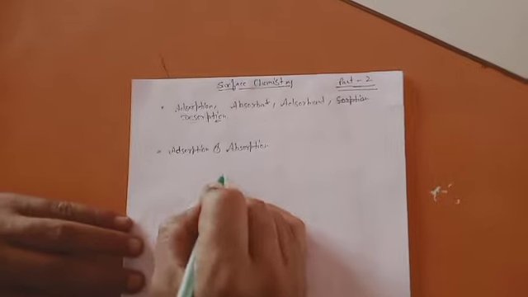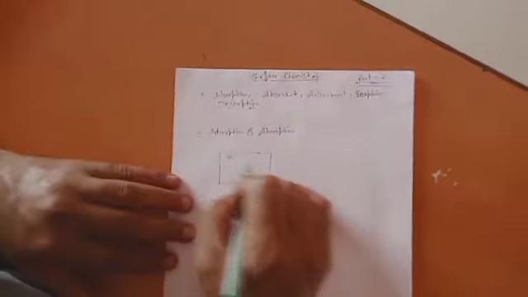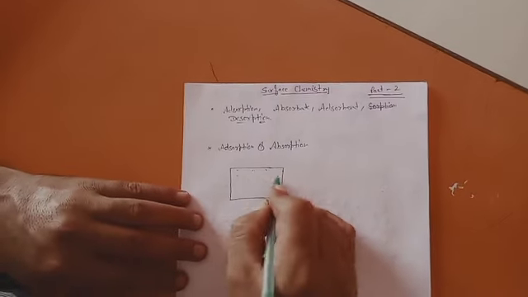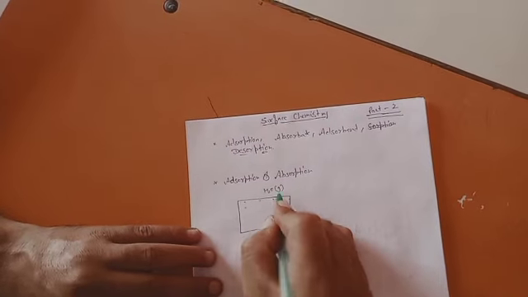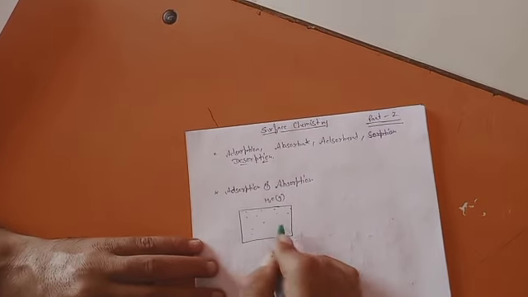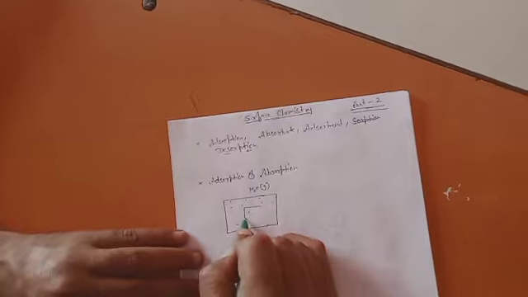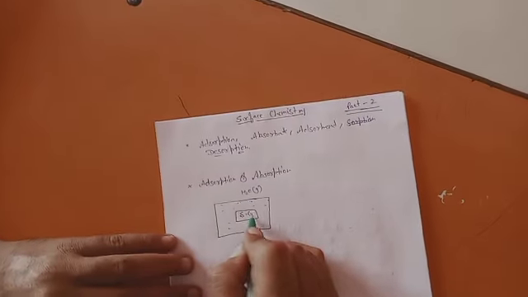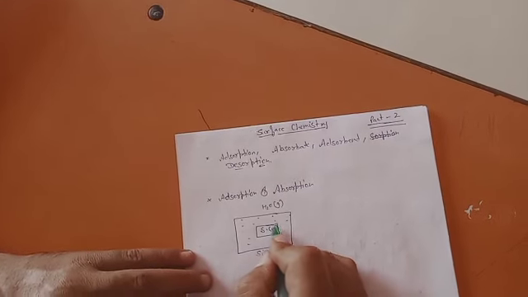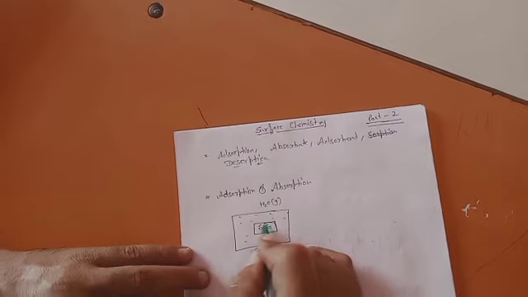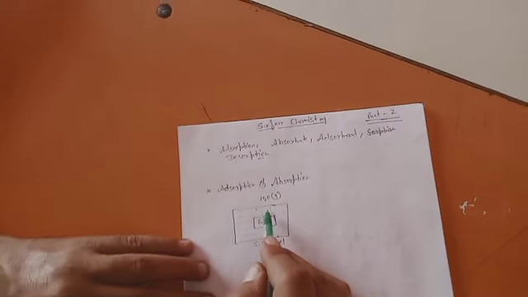So suppose this is a container in which water vapors, water in gaseous condition, H2O gaseous, is filled. Now we put in between some silica gel. Okay, SG stands for silica gel. Now silica gel has quite a good property towards the water molecule.